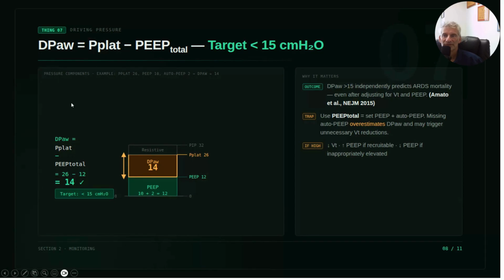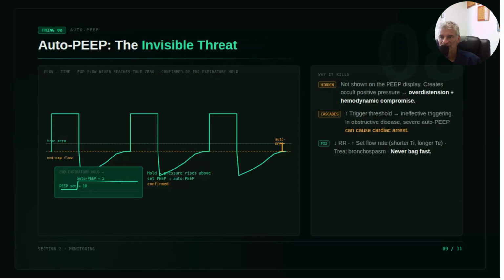But what I want you to take away, thing number 7, is driving pressure. Thing number 8 to remember is auto PEEP. What does that mean? Your flow should go all the way back to 0. If your flow doesn't go to 0 and you start the next breath, that will add air, that will add pressure at the end of expiration.